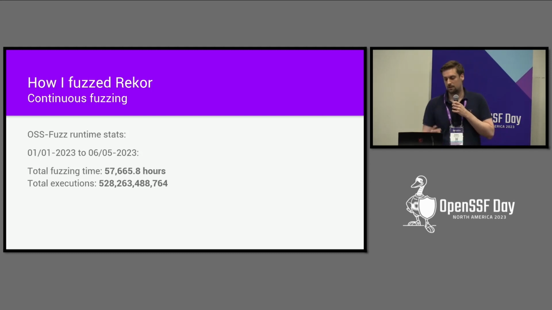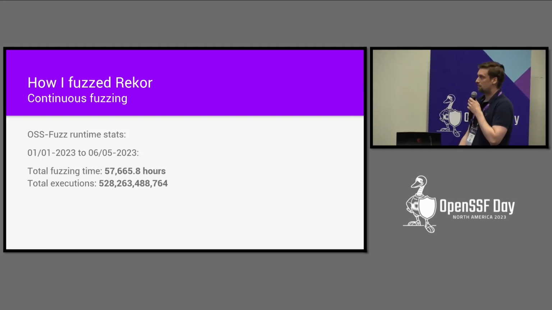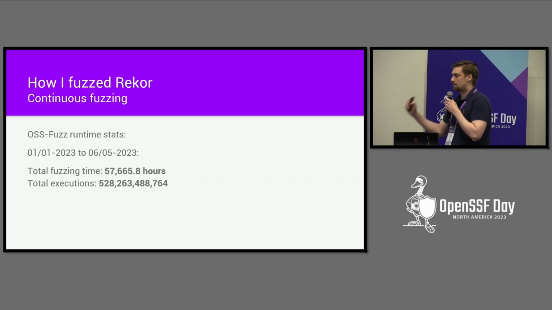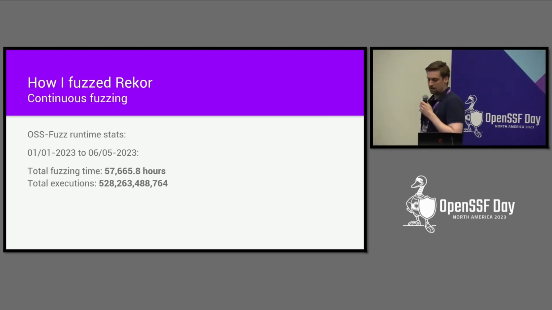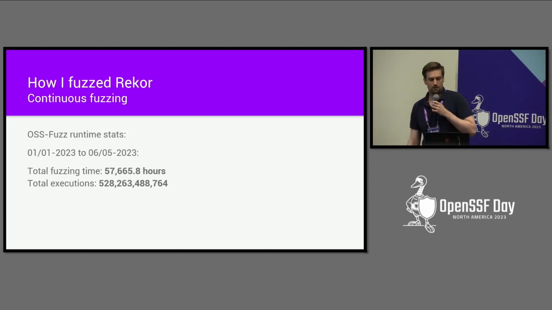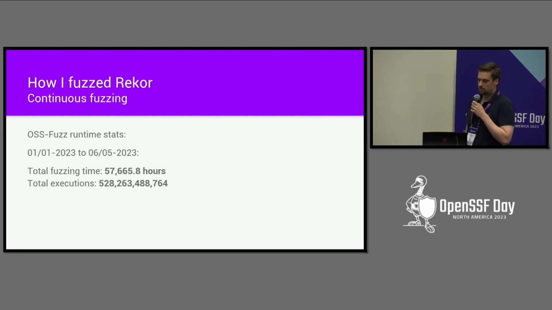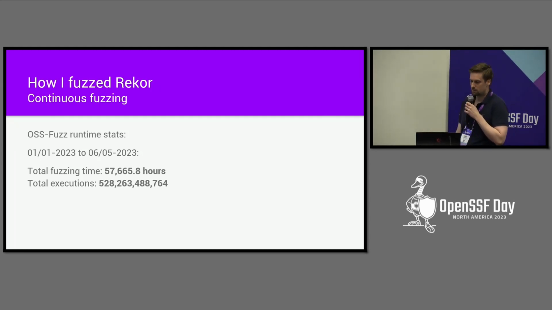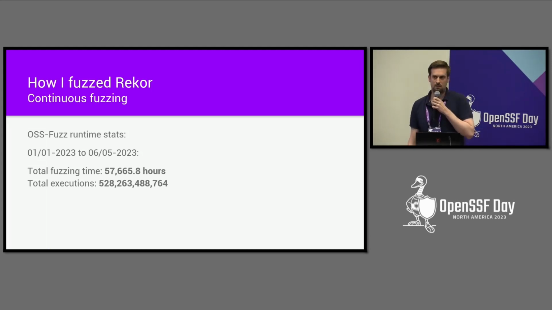So since 1st of January of 2023 until last Sunday, OSS-Fuzz dedicated more than 57,000 CPU hours for all Rekor's fuzzers. That equals approximately 6.5 CPU years.